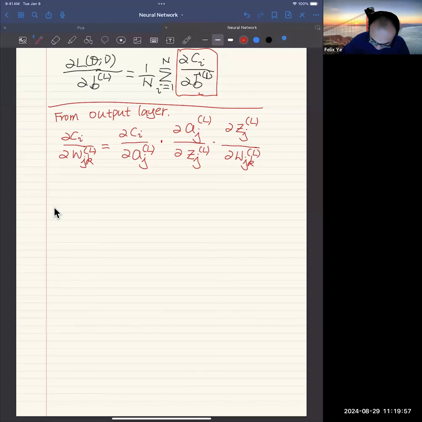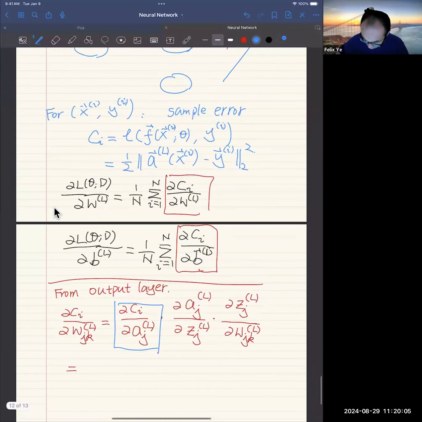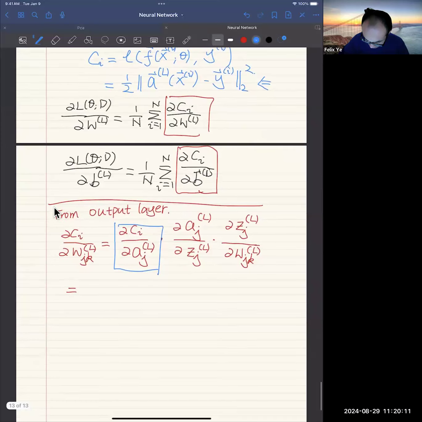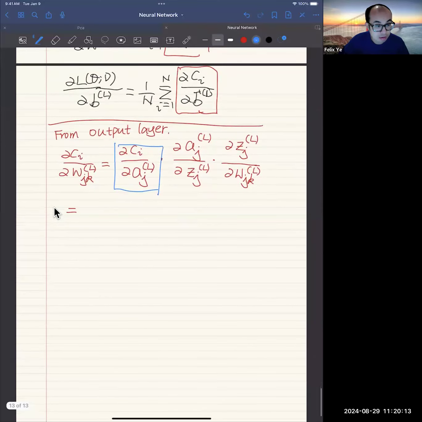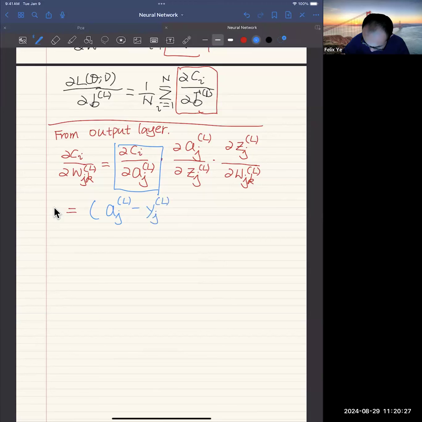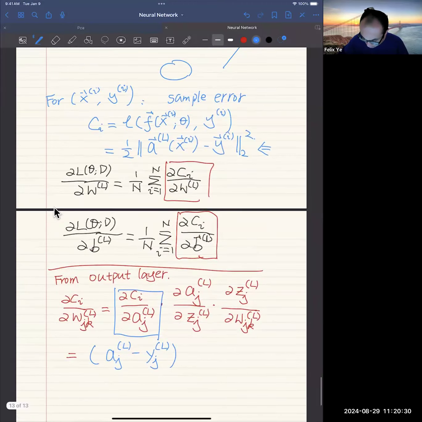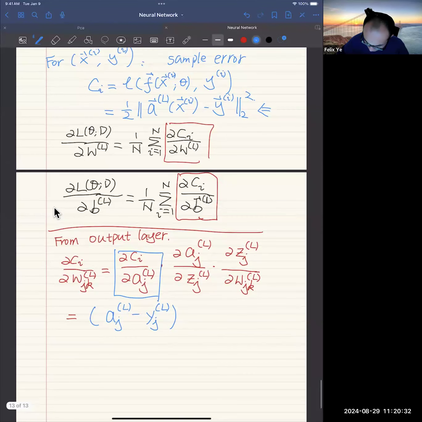Right, so the first term, partial C_i and partial a_j^(L), is nothing but a_j^(L) subtracted by y_j^(L). This y_j is the jth component of the one-hot encoding.